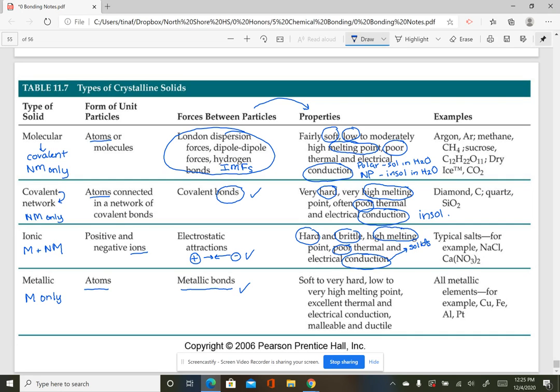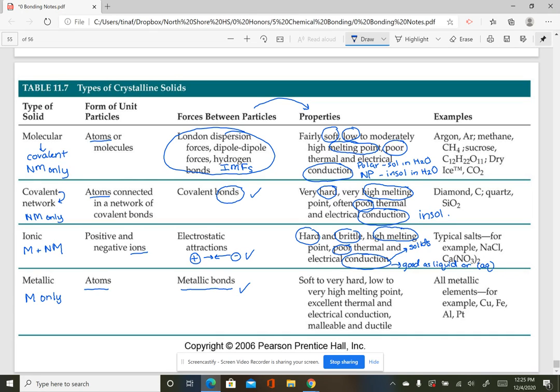But there's something very unique about ionic compounds. They're actually good conductors if you melt them and they're a liquid, or if you dissolve them in water and make an aqueous solution out of them.